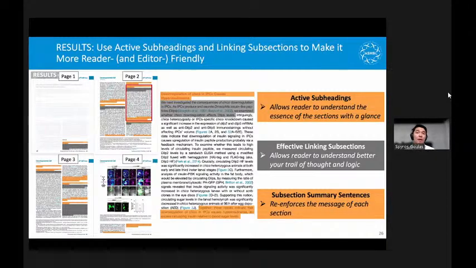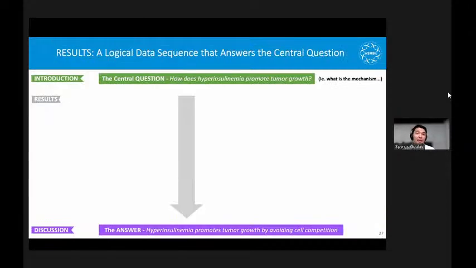Therefore, remember to use active subheadings and link your subsections to describe your findings when you're writing your results. This flow also has another advantage, as it makes it easier to logically link sequences of your data in order to answer your central question.